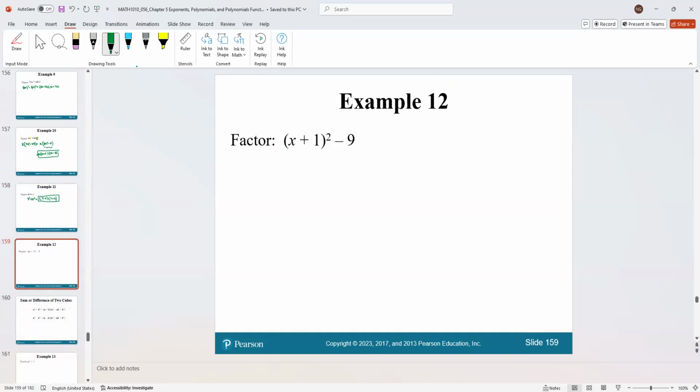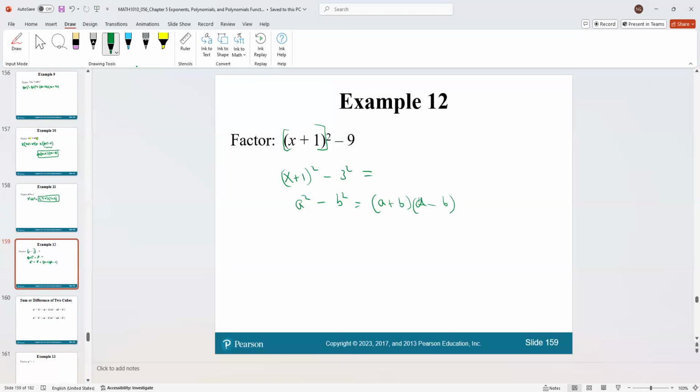Sometimes some of them may require that we use more techniques. But if I consider the whole thing here, power 2, remember, if we do x plus 1 power 2 and 3 power 2, it still gives me a square minus b square. So remember, if I have a square minus b square, I do a plus b times a minus b.